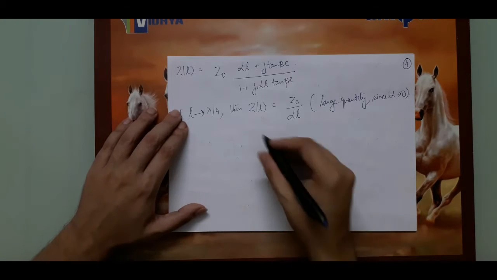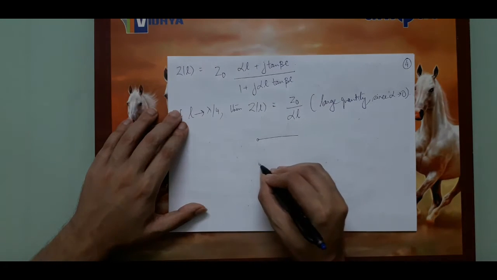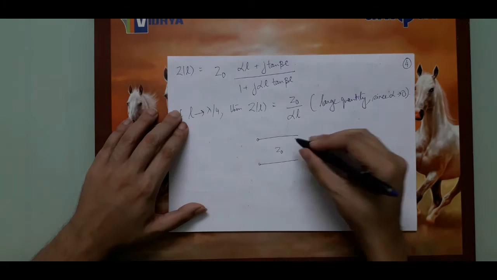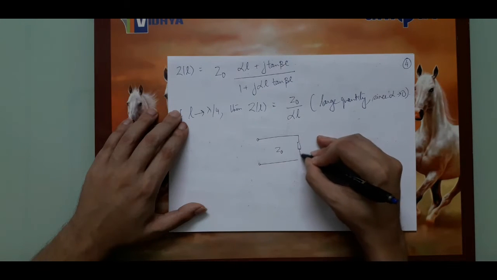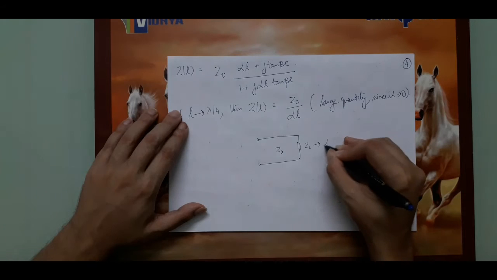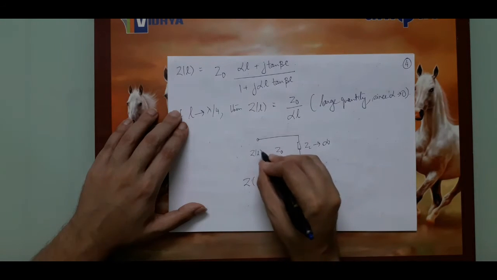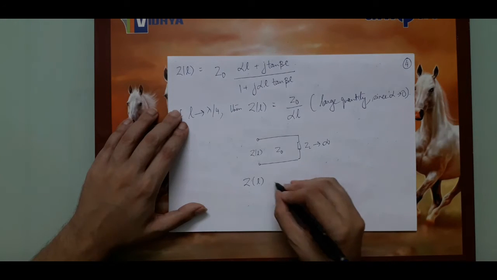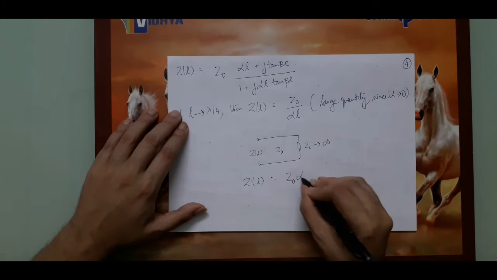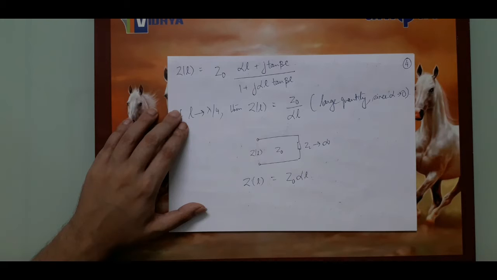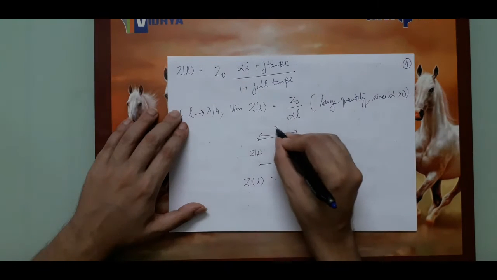So now if I have a low loss transmission line having a load impedance ZL tending to infinity, then in that case Z of L, which is over here, you can very easily prove that is equal to Z0 times alpha L. Again, for quarter wave.